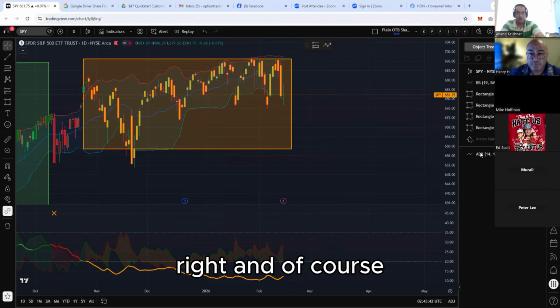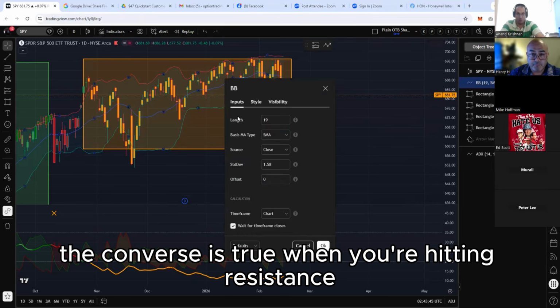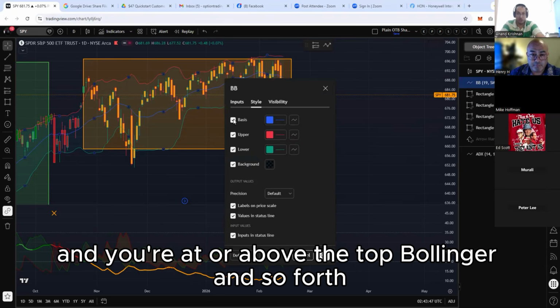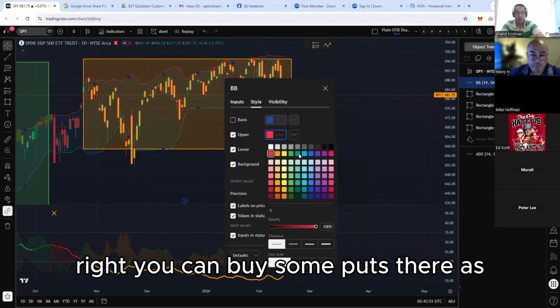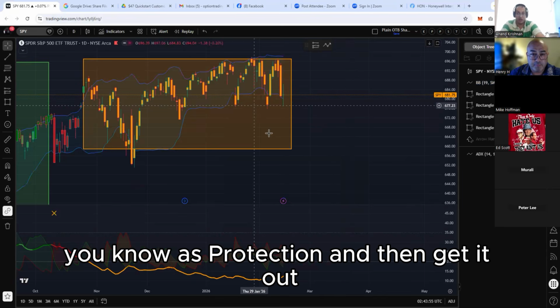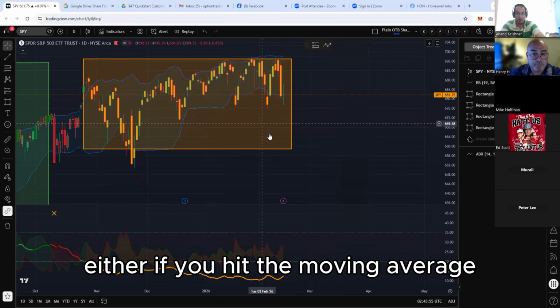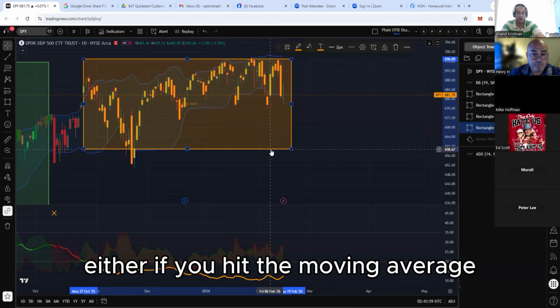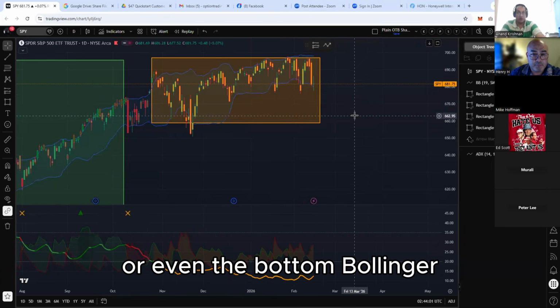And of course, the converse is true when you are hitting resistance and you're at or above the top Bollinger: you can buy some puts there as protection, and then get out either if you hit the moving average or even the bottom Bollinger.